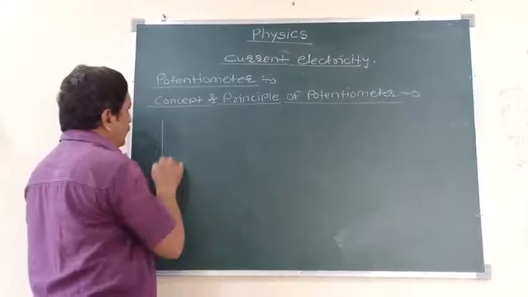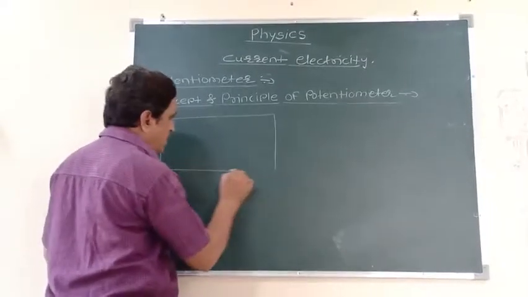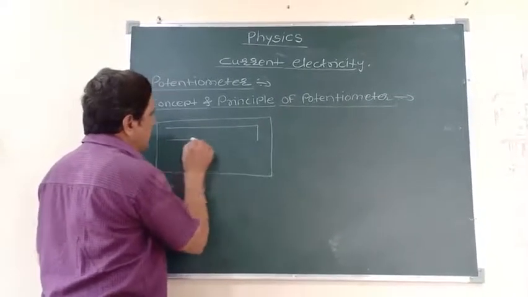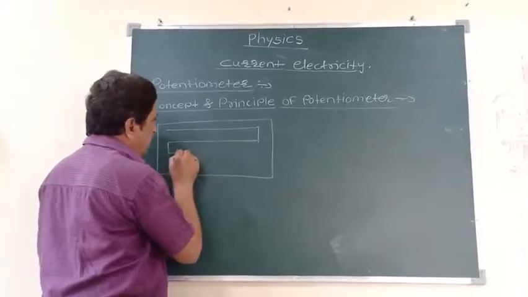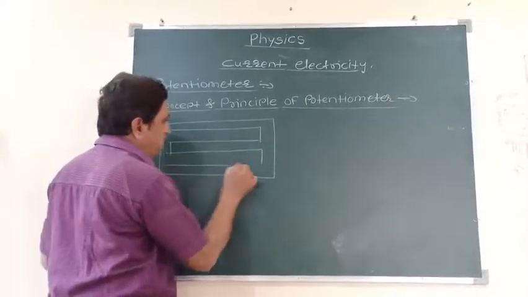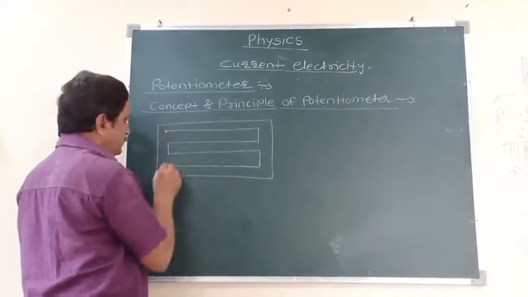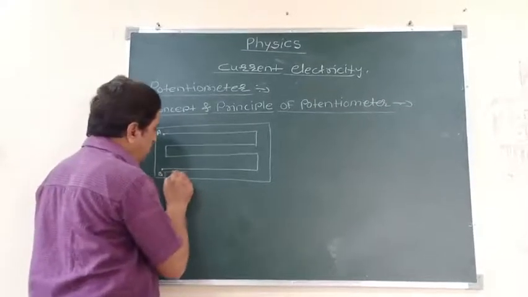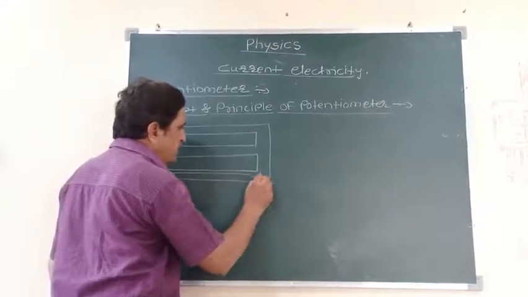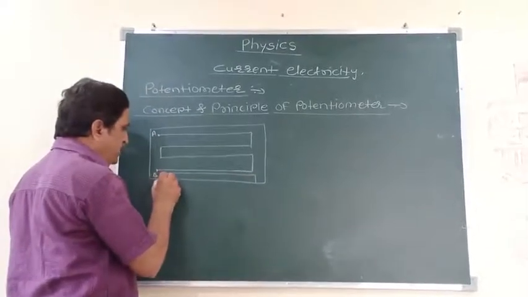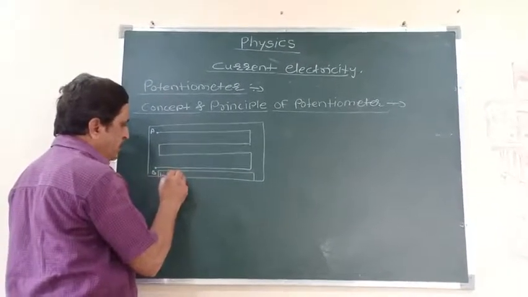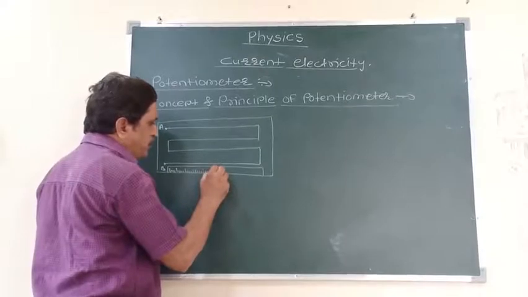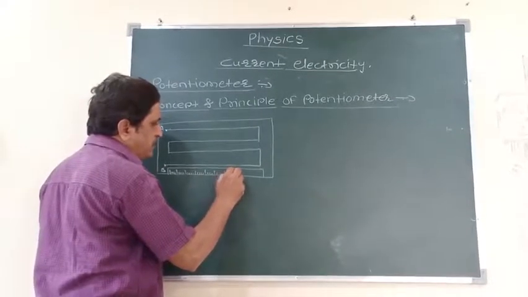On this wooden frame, several meters length of wire is fixed between 2 points of this rectangular wooden frame, and one meter scale is also fixed along the length of this rectangular wooden frame. With the help of this meter scale, we can measure the distance between any 2 points of the potentiometer wire. Now what is the principle, we'll see.